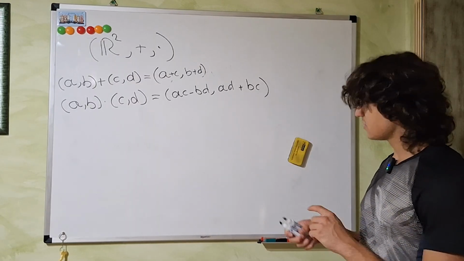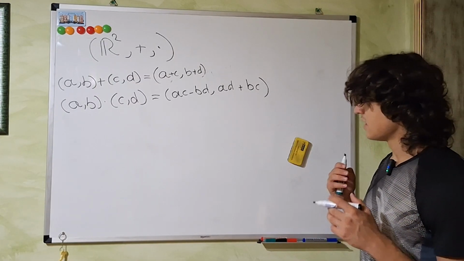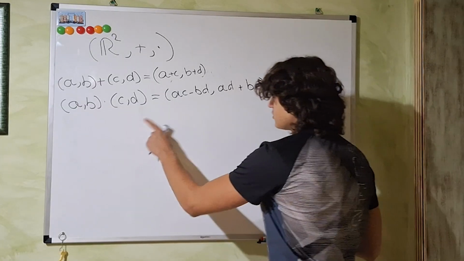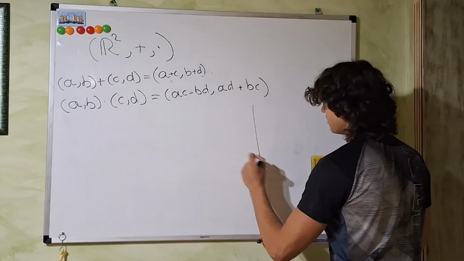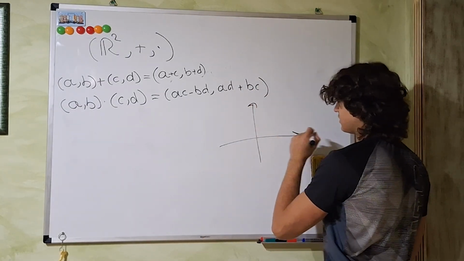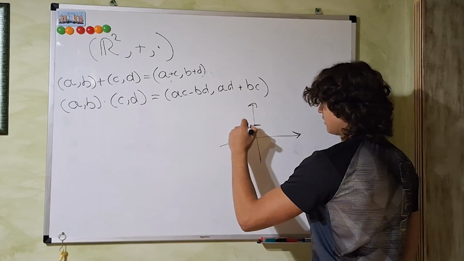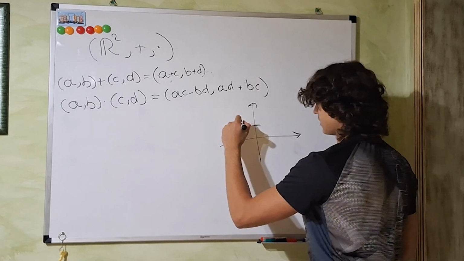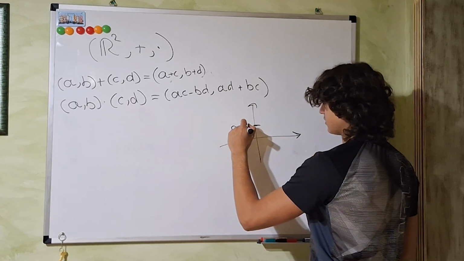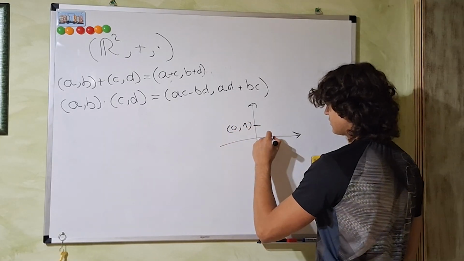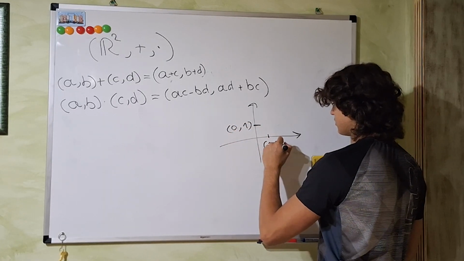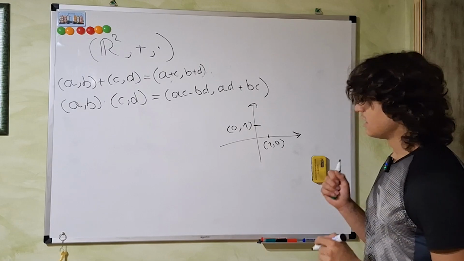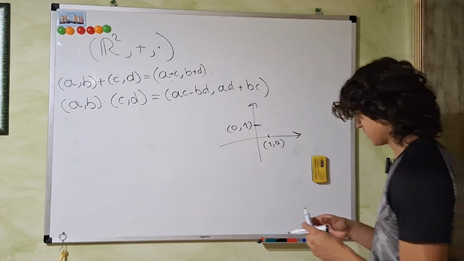And let's take a look at what i is in this case. We identify in the plane i as this vector here, so it has coordinates 0x and 1y. Instead, 1 has coordinates 1, 0. Let's see whether it works.